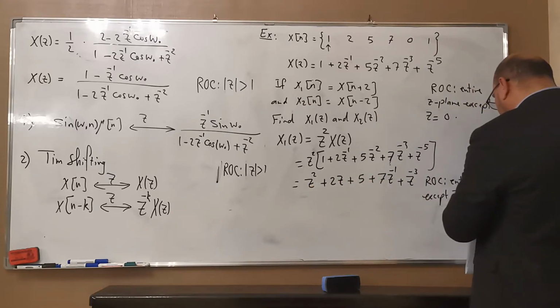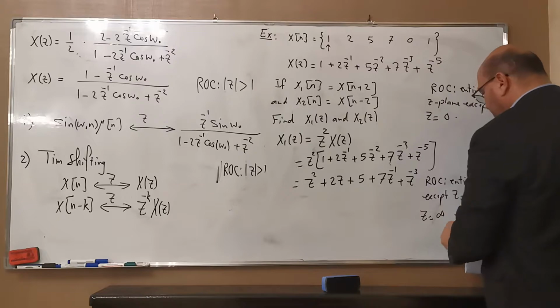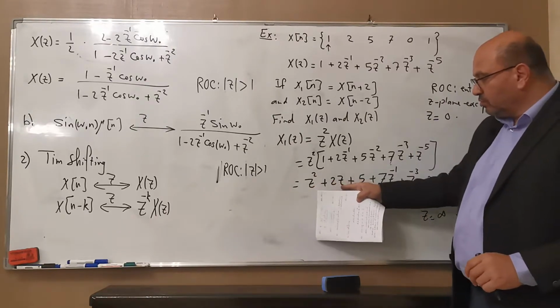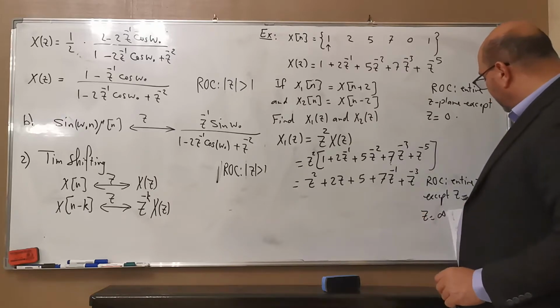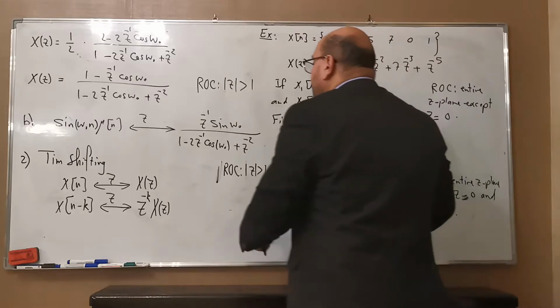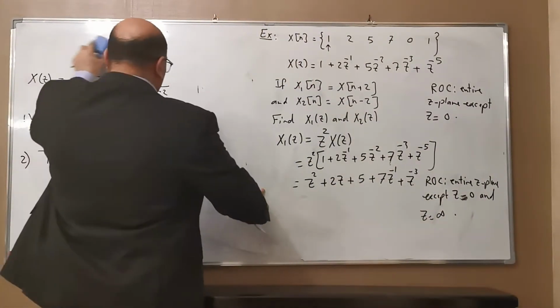So z equals 0 for the negative powers and z equals infinity for the positive powers. So z cannot be infinity because of those two, and z cannot be 0 because of those two negative powers. Okay? Let's see the second one.